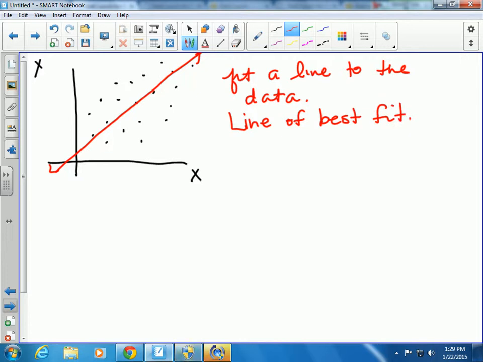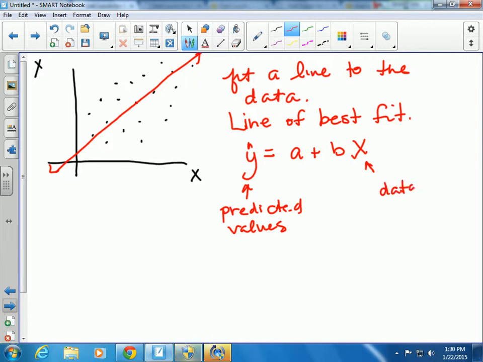And that line of best fit is denoted by y hat equals a plus b x. I think I just said beta, but I meant b. So these are what we call the predicted values, and x is the actual data value.